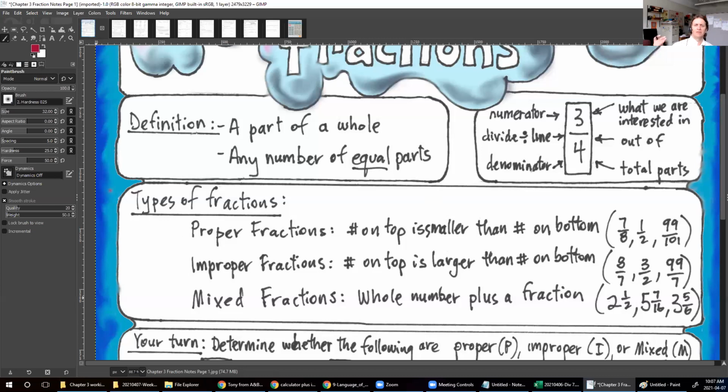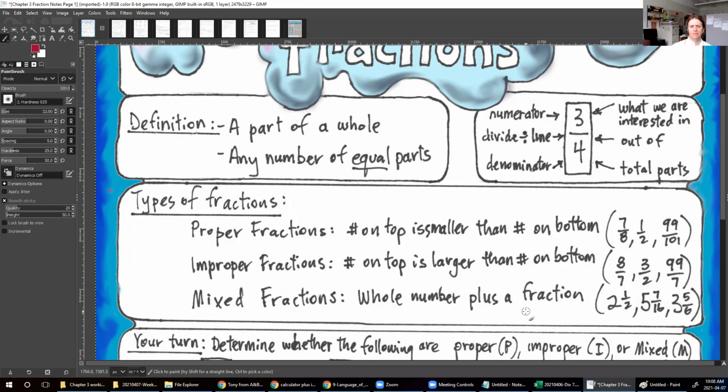Again, at the bottom of the course in Canvas is the answer key for the notes, so you will have all the answers right there too. When you go to do the test, you can use your screen and some of your notes. So again, the top number is the numerator, then the divide line, and the bottom number is the denominator. From now on, instead of using numerator or denominator, which are hard words to remember, I'm going to talk about the number on the top, the number on the bottom, and the dividing line.